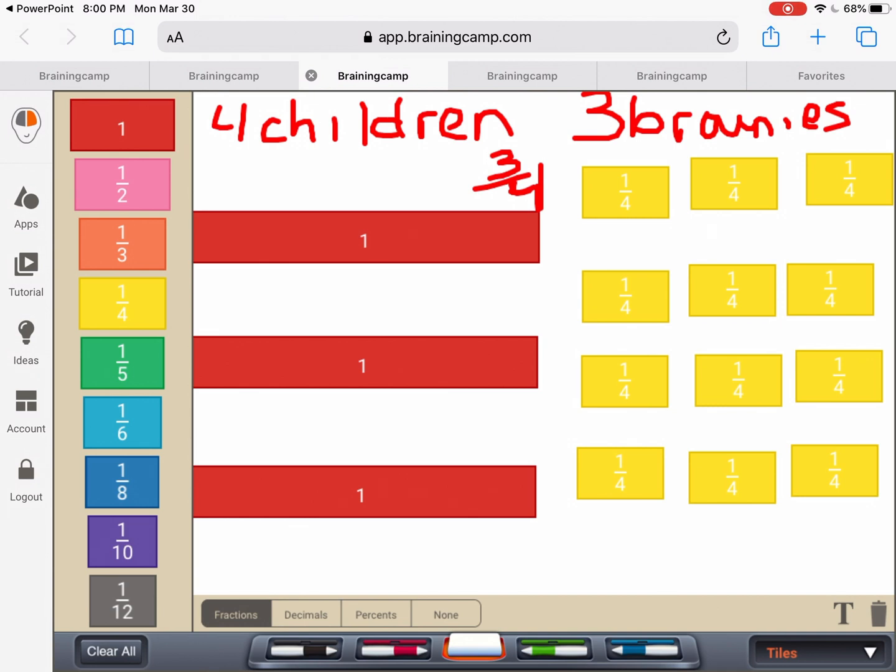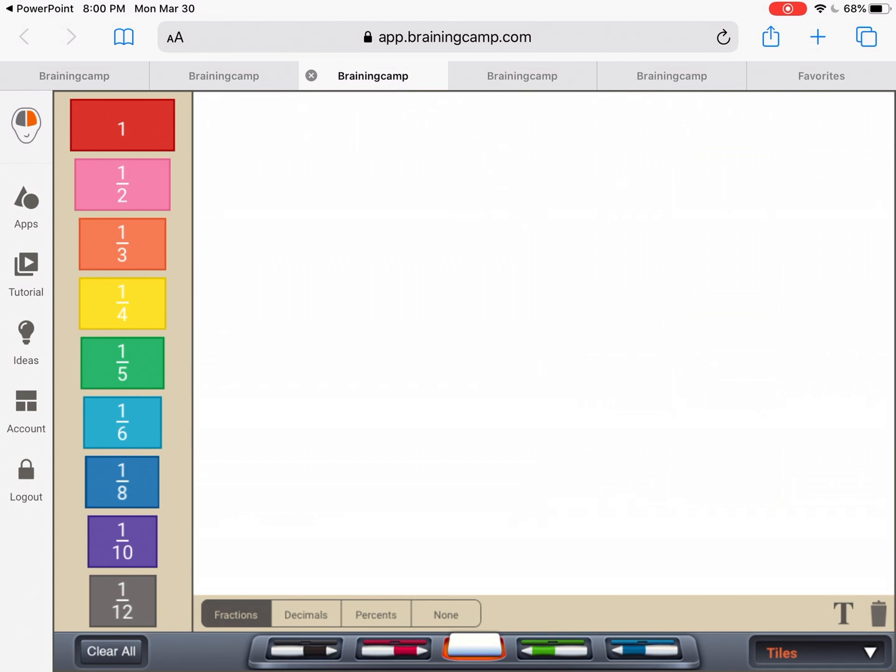Okay, you might want to write that down. So the 4 children with the 3 brownies got 3/4 of a brownie. Okay, so I'm going to clear this. We're going to go to this next situation, which was 5 children.